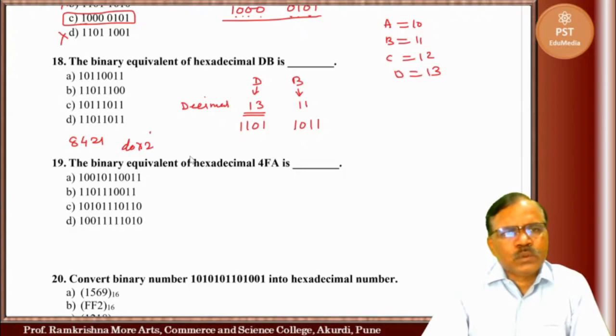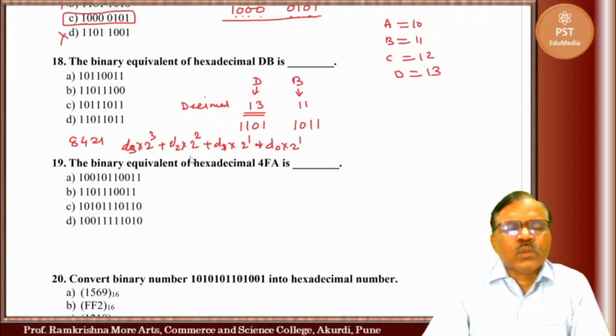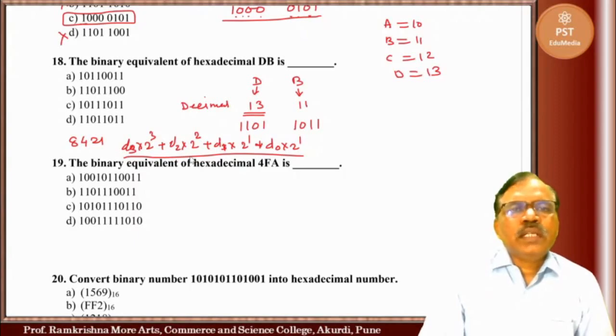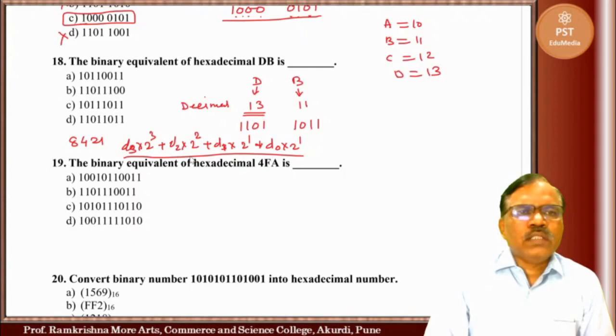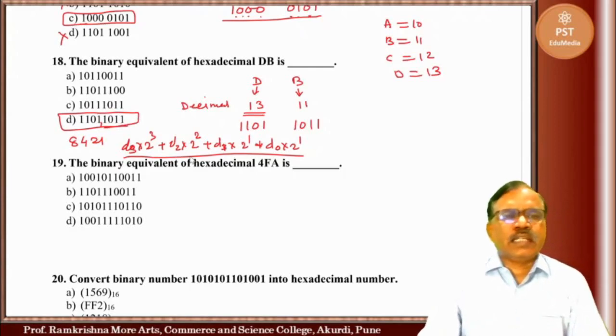D3 into 2 raised to 3 plus D2 into 2 raised to 2 plus D1 into 2 raised to 1 plus D0 into 2 raised to 0, like this. So here 1101, 1011. So 1101, this one is correct. This one is correct.